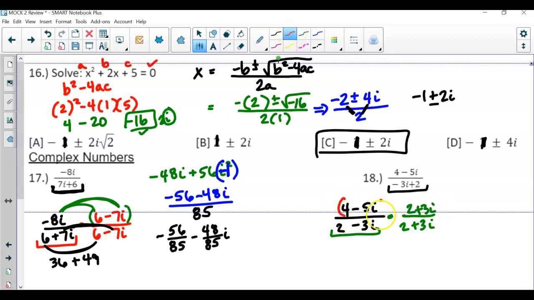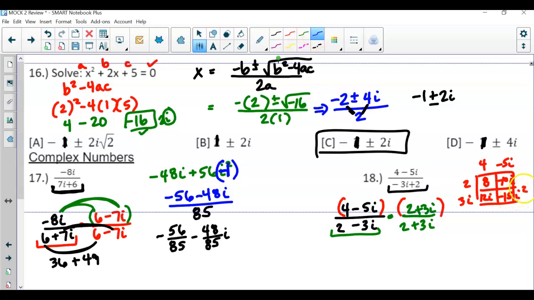Notice how the numerator, though, we are multiplying two complex numbers. So we do need to set up our box here, the area model, to multiply. 4, negative 5i, and 2 and positive 3i. 4 times 2 is 8, negative 10i, 12i, and negative 15, but i squared.